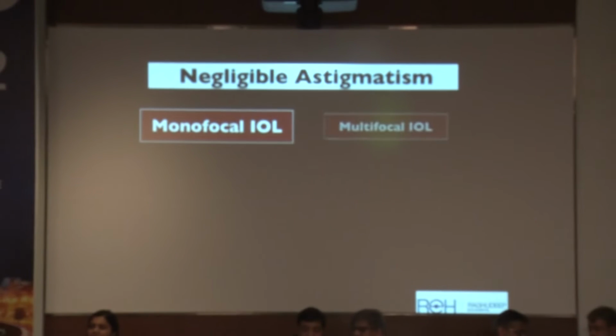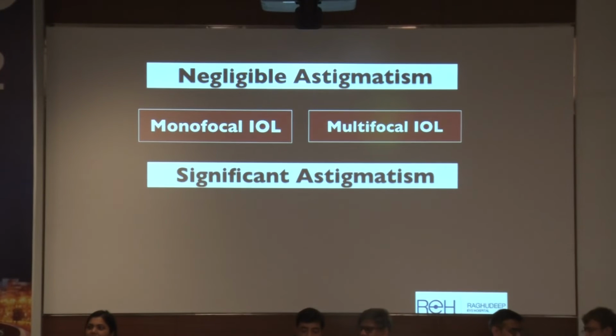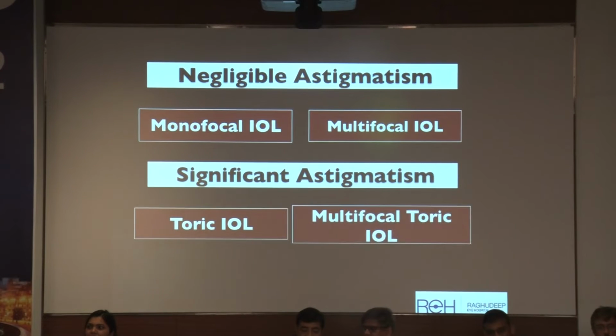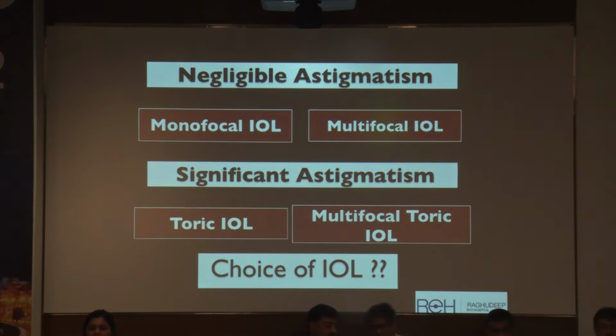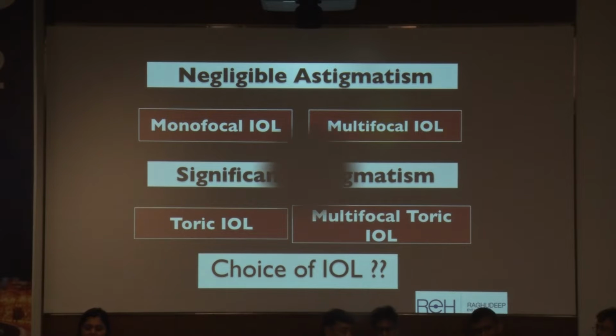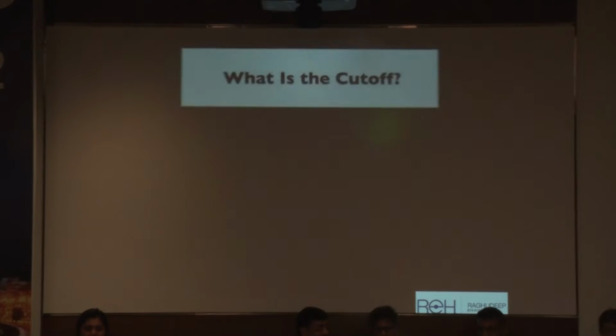So like I said, if the patient has a negligible astigmatism, we will go towards a monofocal or multifocal. When I say multifocal, I mean a trifocal or an extended range of vision in today's technology. If there is significant astigmatism, it is either a toric monofocal or a toric with extended range or a trifocal. So that sort of classifies our thing.